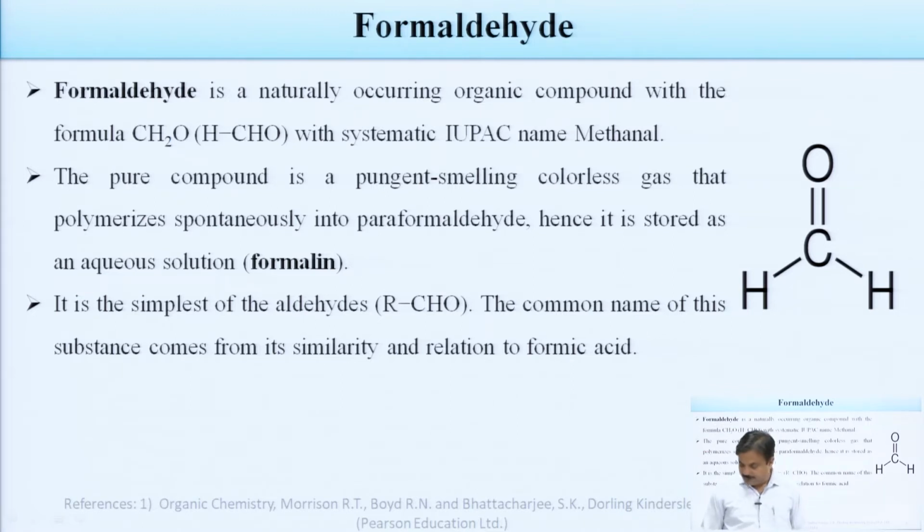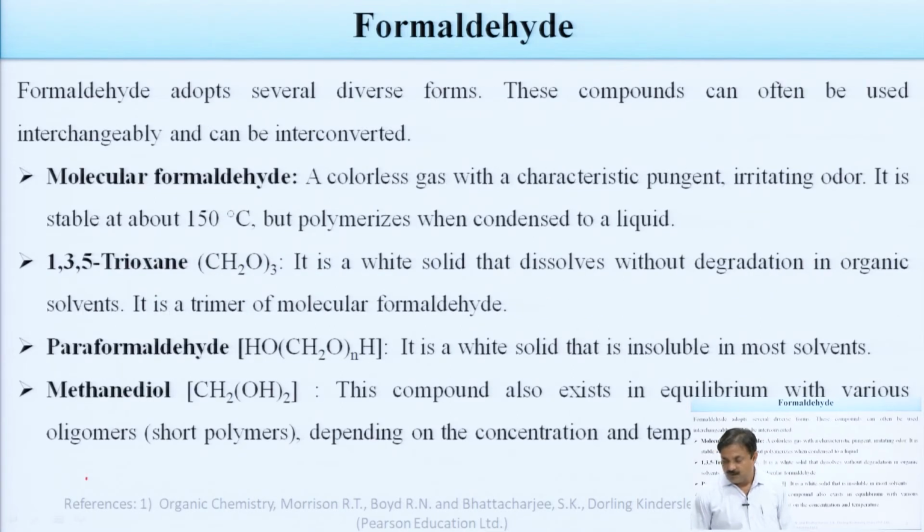Now, coming to the next. Formaldehyde can adopt several diverse forms. I mean to say that formaldehyde can be present in different forms in the environment, in nature, in our surroundings. These compounds can often be used interchangeably and can be interconverted. What are these forms? First of all, molecular formaldehyde.